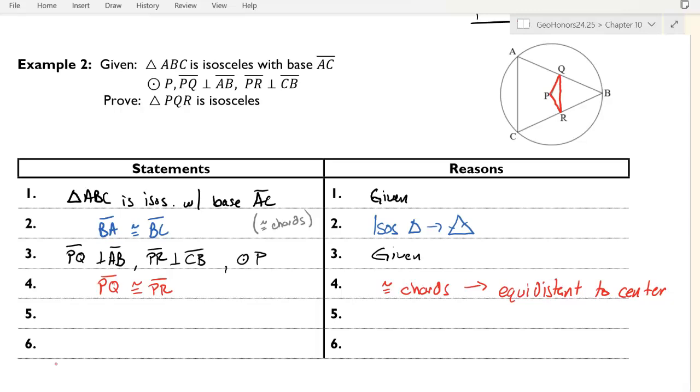That's enough information. Now I have segment PR congruent to segment PQ. Therefore, my triangle PQR must be isosceles, because congruent legs implies an isosceles triangle.